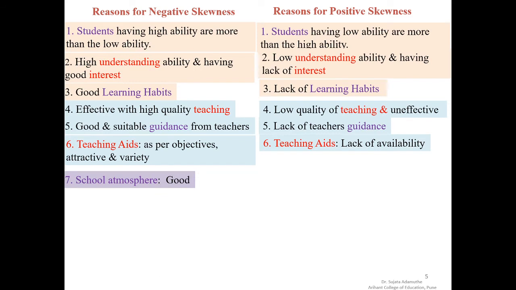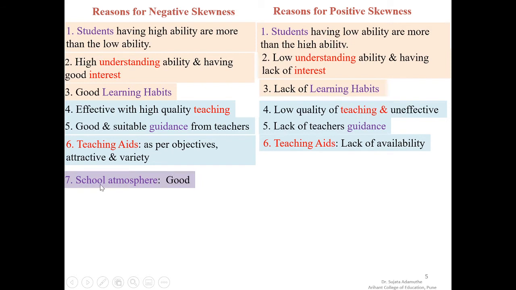Next point is, if the school atmosphere is very good, the students like it, they are very interested to come to school, and the coordination between all people in the school is very good. Communication with the teachers, with the other people, or with the other students is very good. There is freedom for students to study, to go to the library, to go to the lab.